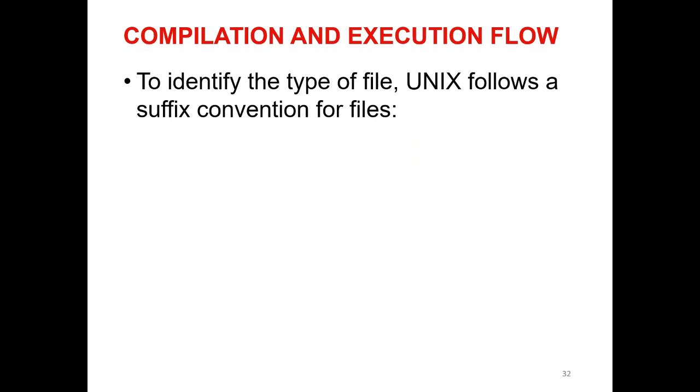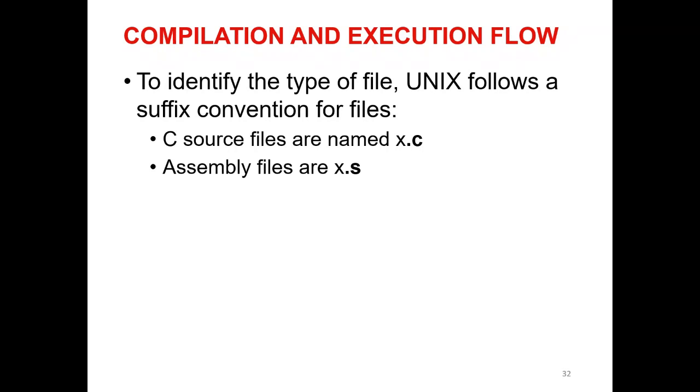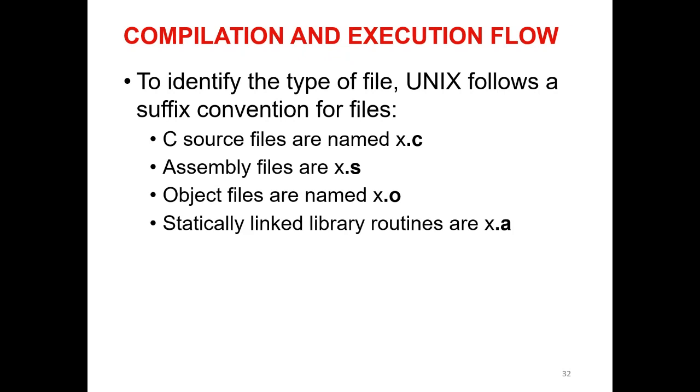So this is just for you. In Unix, for instance, there is a convention for naming files. If we are using a program in C, the suffix for the program will be .c. For the assembly files it will be .s. For the object files, the machine code with zeros and ones, it will be .o.